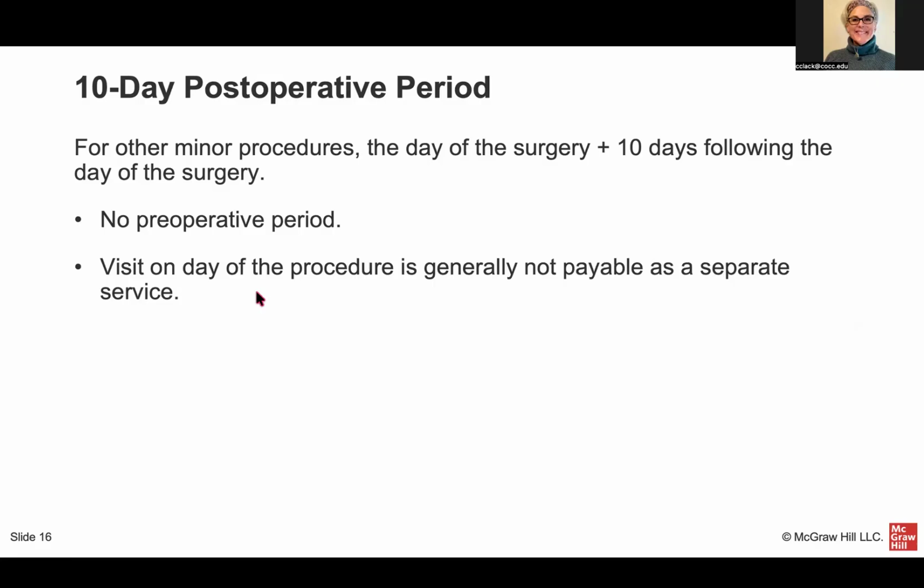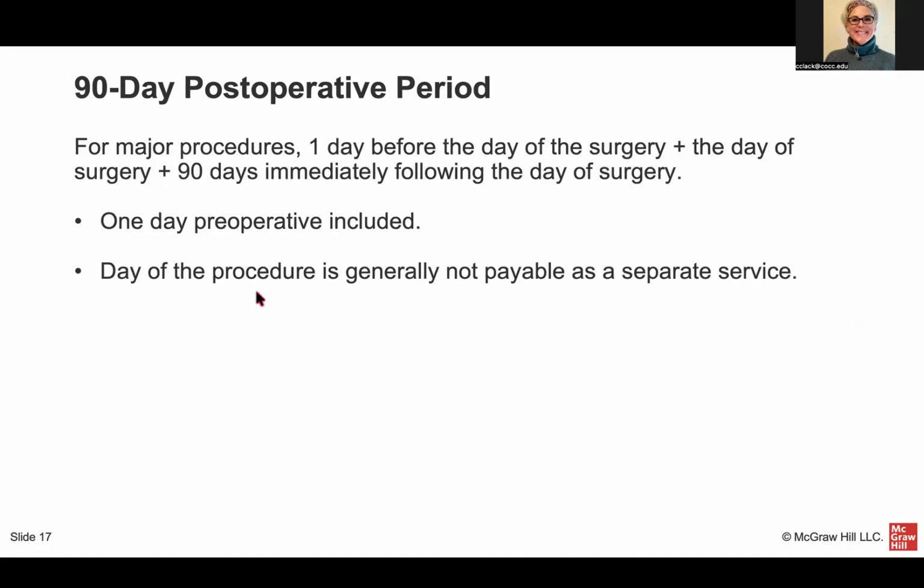So if a patient has a minor procedure on Monday, the global period runs through that Wednesday of the following week. Any routine follow-up visits during that time are bundled into the surgical code. If the patient comes in for something entirely unrelated, say a sore throat or stomach flu, that's a different story and might be separately reportable with an appropriate modifier.